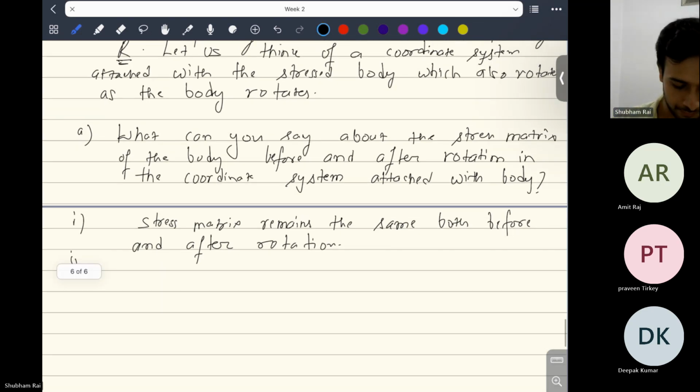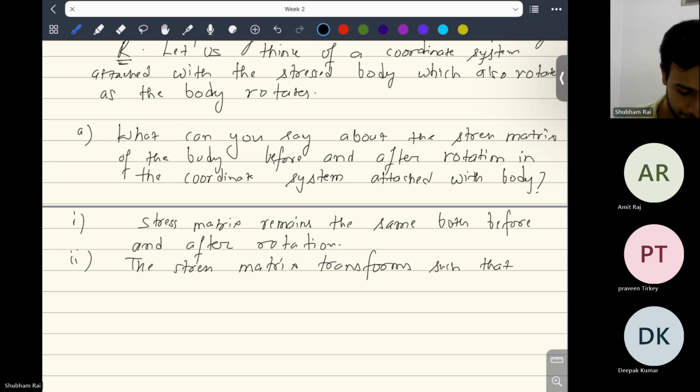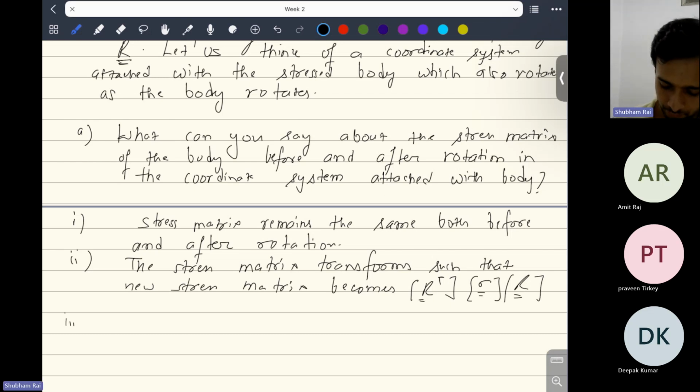Second option is the stress matrix transforms such that the new stress matrix becomes R transpose sigma R, right? Or none of the above.